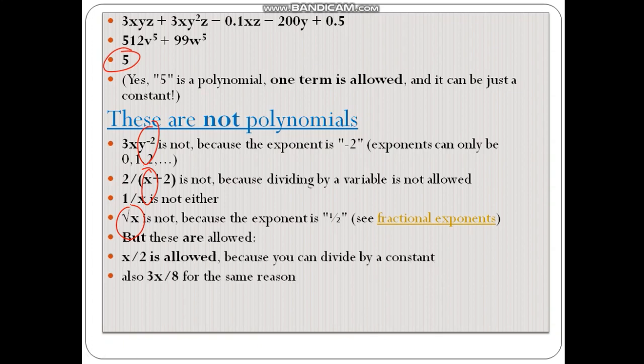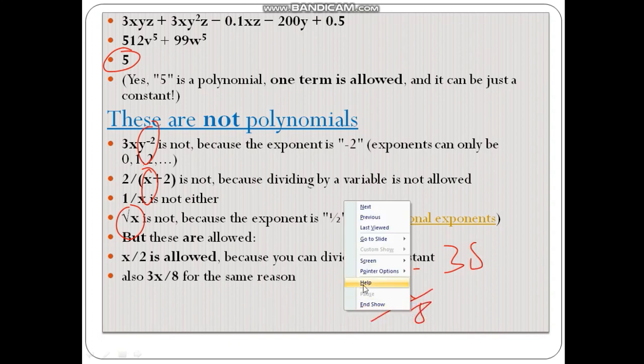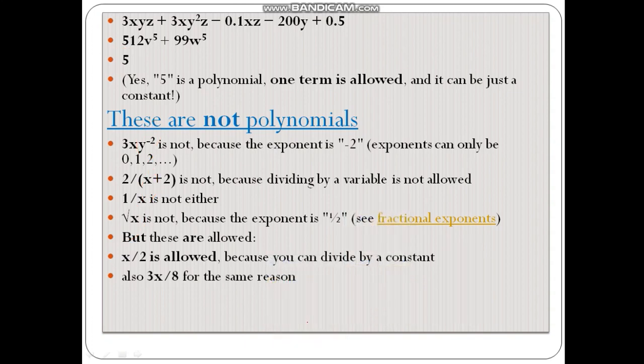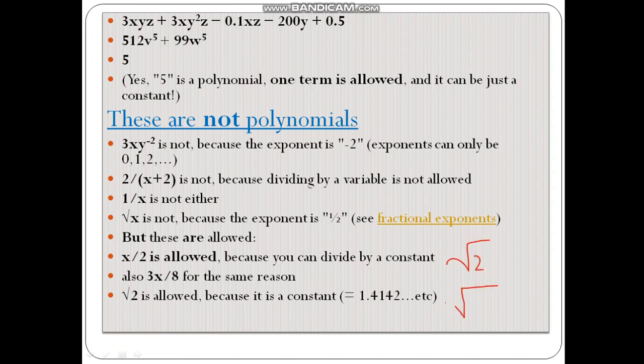X by 2 is allowed. A constant can be in the denominator. 3x by 8 is also a polynomial. It is allowed, but the variable should not be in the denominator. Under root 2 is also allowed because it is a constant term, but under root x will not be a polynomial. Yes, under root 2 by 2 into x is a polynomial.